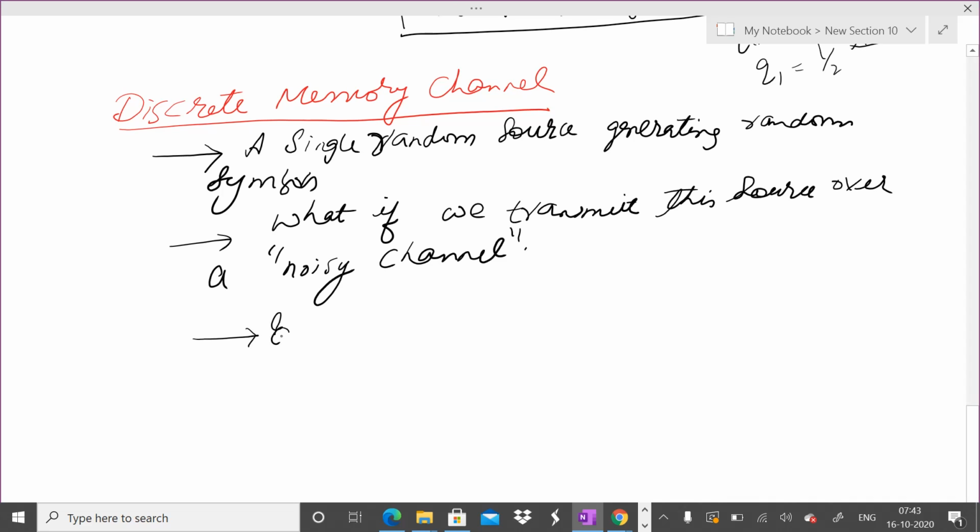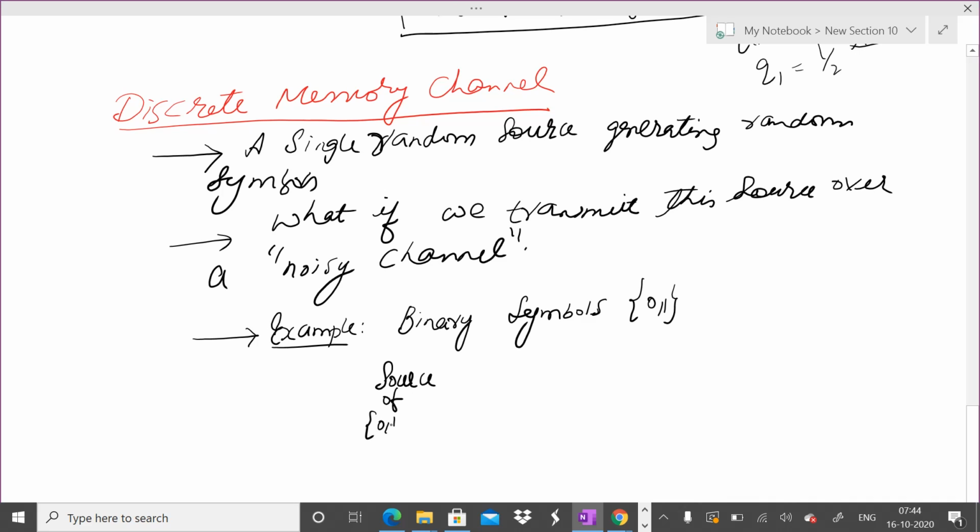Let's give an example. Suppose you are only transmitting binary symbols, 0 and 1. So here is your source of 0 and 1, and here is something called a noisy channel.